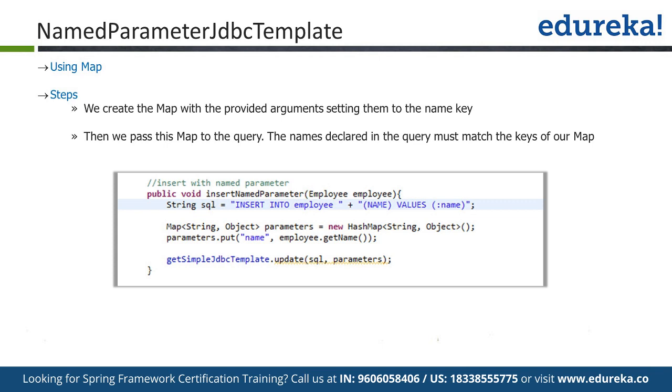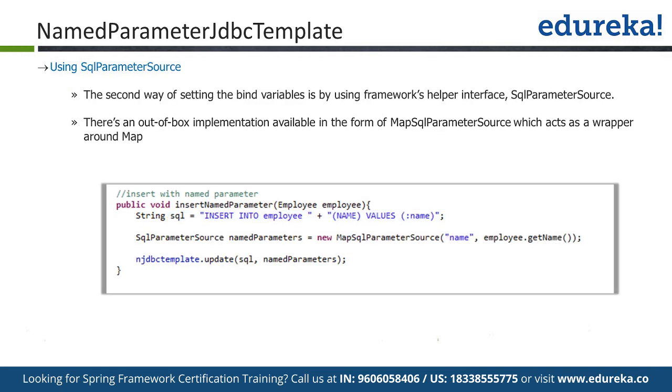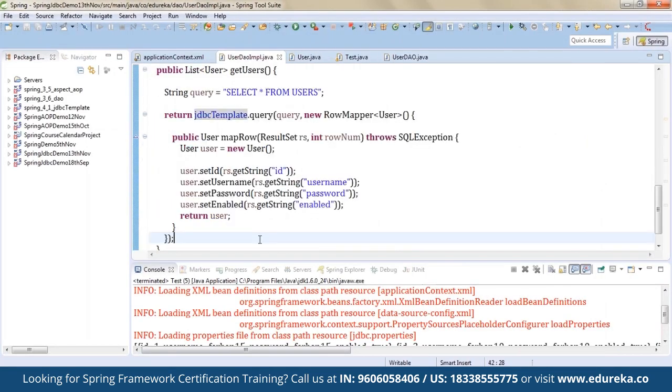So named parameter JDBC template we can use by just providing the parameters with a map and writing the queries. Let me check whether we have that option available in this as well.